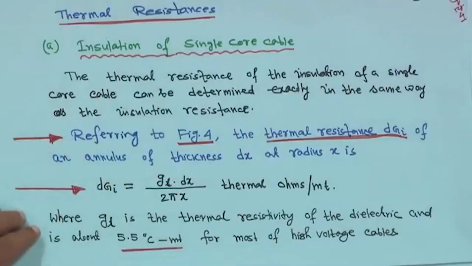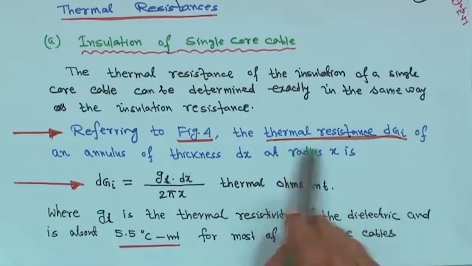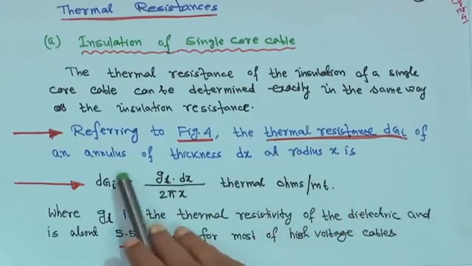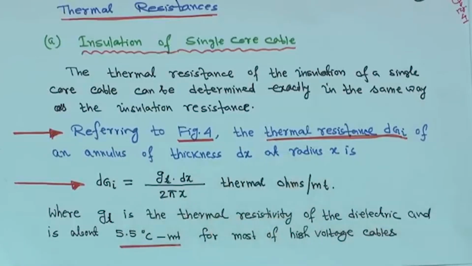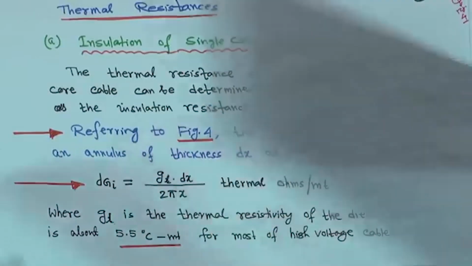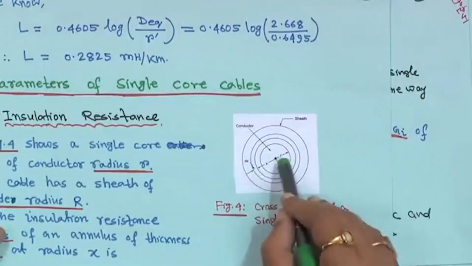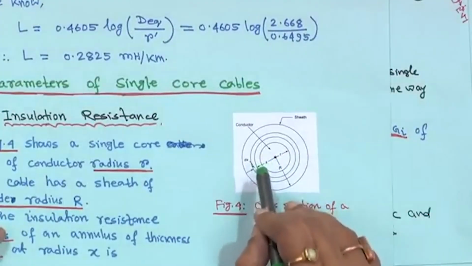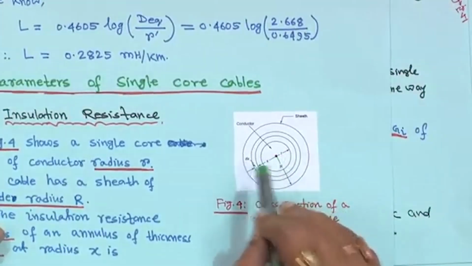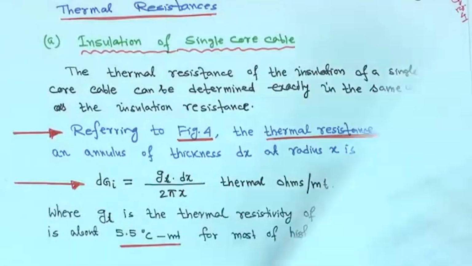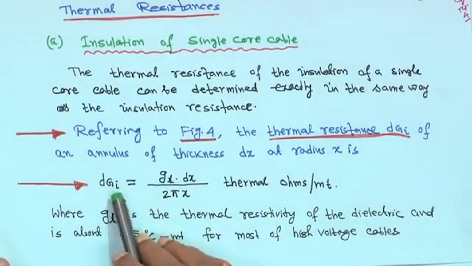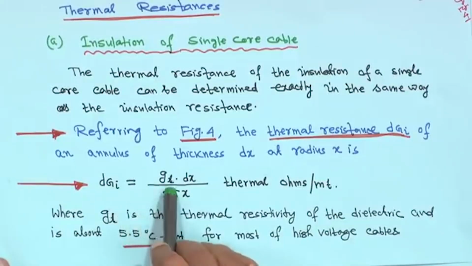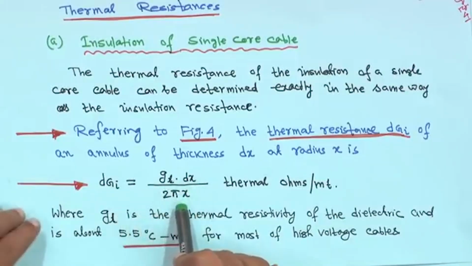the thermal resistance dGi of an annulus of thickness dx at radius x. If you consider the same annular thickness dx at a distance x, that thermal resistance dGi, G is the capital one, can be written as GL into dx upon 2 pi x.